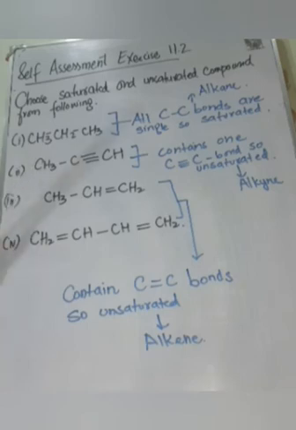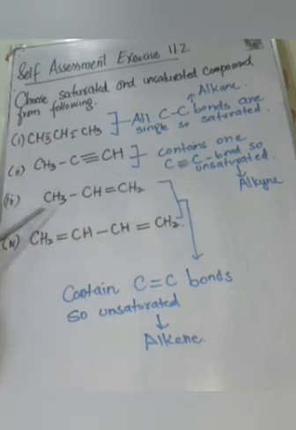In the second case, we may see that one carbon-carbon bond is a multiple bond: a triple bond is present between these two carbon atoms. Since these two carbon atoms contain a multiple bond, it is an unsaturated hydrocarbon. Since that multiple bond is a triple bond, we will consider this organic compound an alkyne.